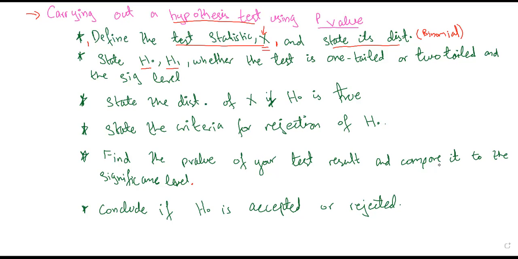Then you need to state whether the test is one-tailed or two-tailed, on the basis of your alternative hypothesis, H1. If the probability is greater than or less than, you say one-tailed. If your probability is not equal to, and you're not sure if it is greater or less, you say two-tailed.